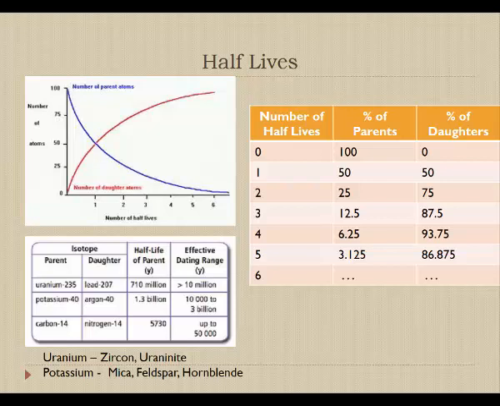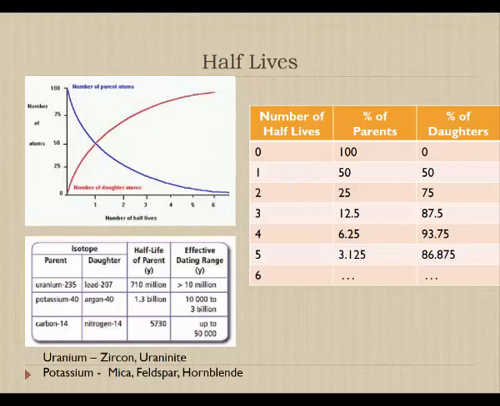So if we look at this table, we can see that after 2 half-lives have elapsed, we have 75% of the material in daughters and 25% of the material in parents. And at that particular time, there's 3 times as many daughters as parents. And so if that was the ratio that we had seen between daughters and parents, then we can assume that at that particular time, 2 half-lives of the particular radioactive isotope that we're looking at have progressed.